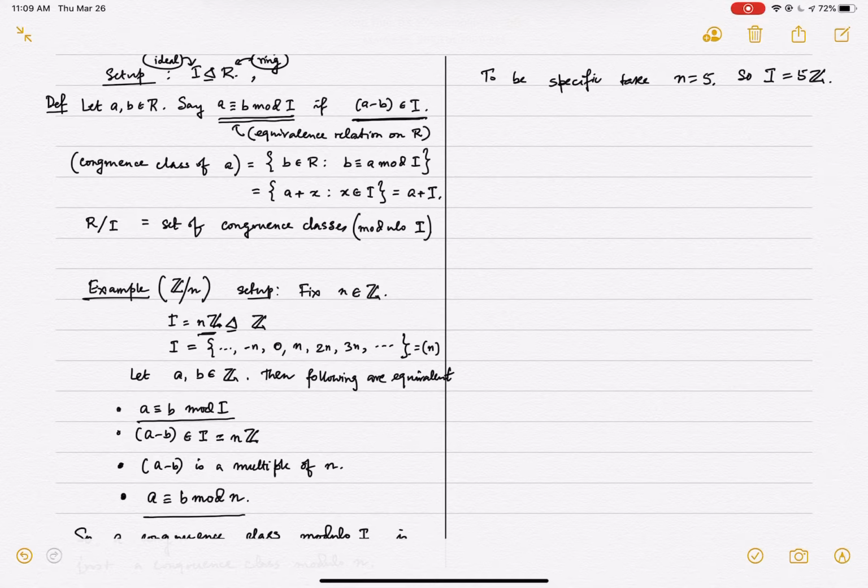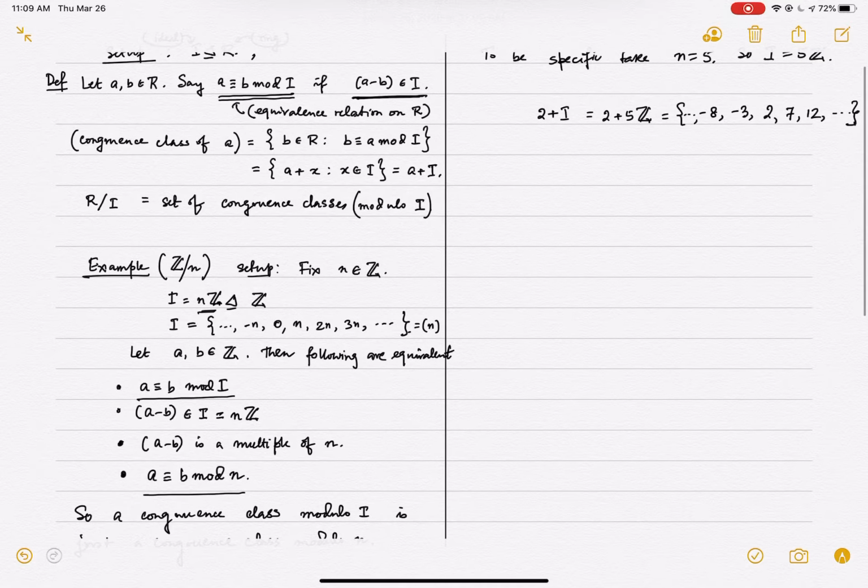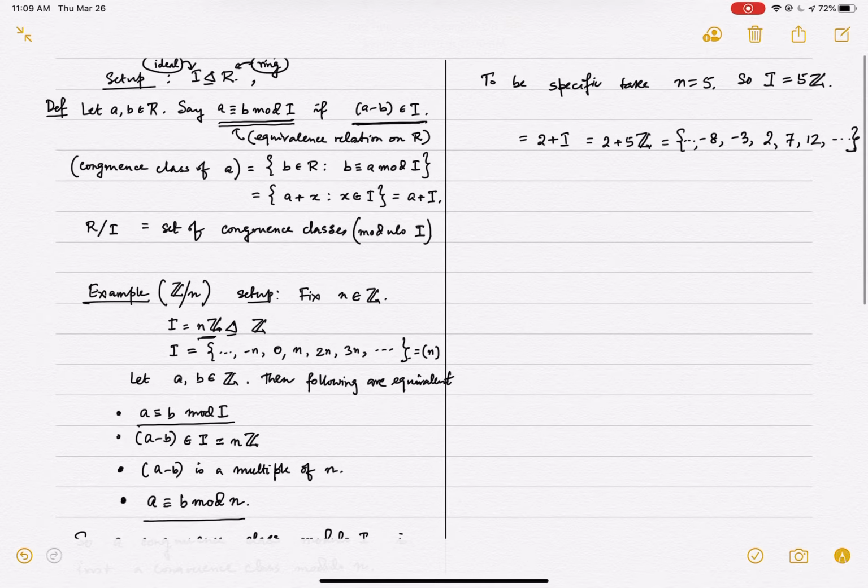Then a congruence class of 2, for example, is this thing, 2 plus I, which is the same as 2 plus 5Z, which means all these numbers. There's 2, there's 7, there's 12, there's minus 3, there's minus 8. That's the congruence class of 2. In our old notation, this was denoted by square bracket 2. It's an element of Z mod 5.